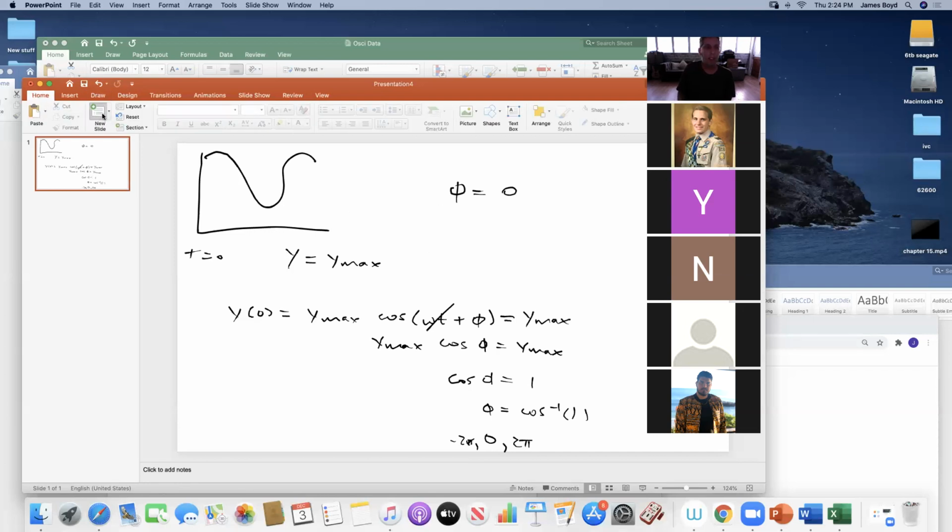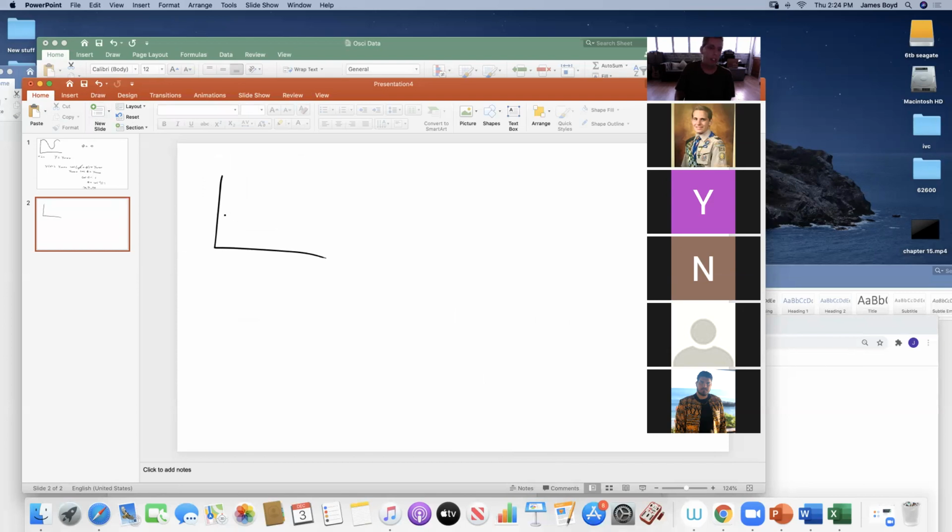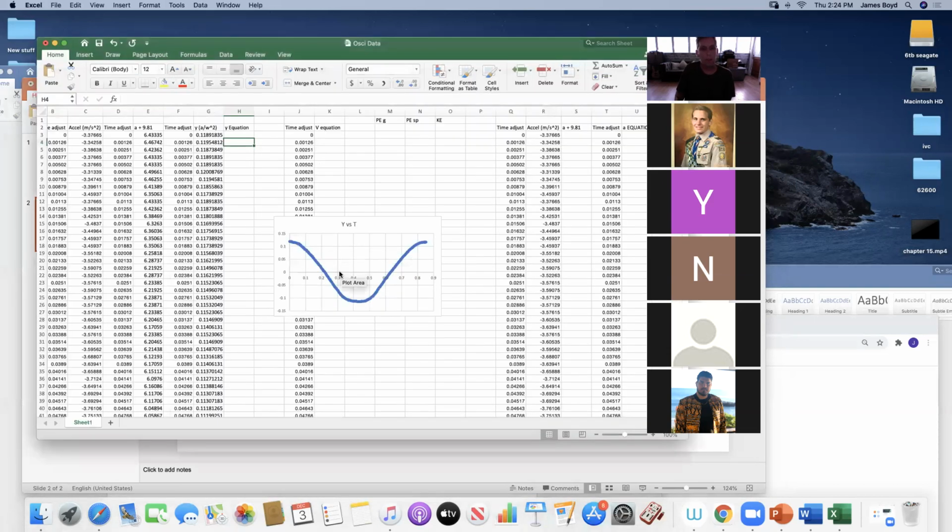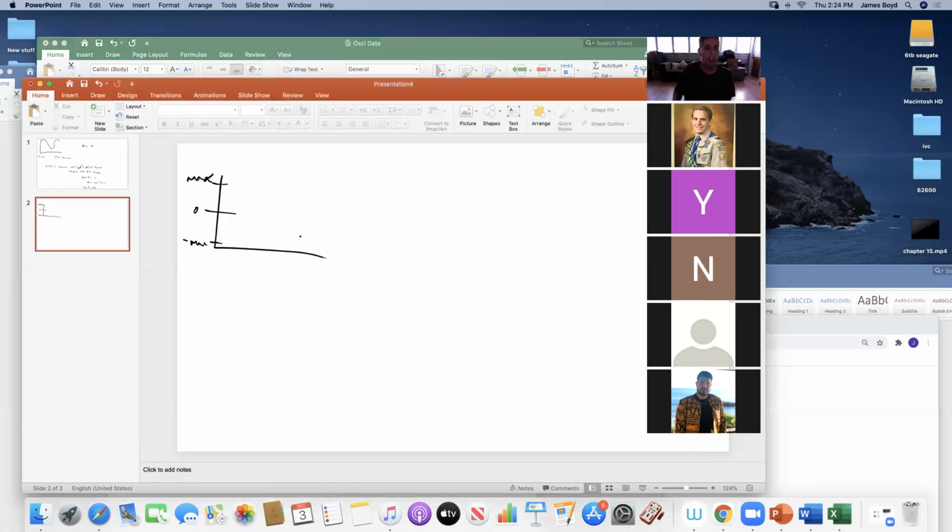Now, if we had, let's say, as it shows in the max, negative max, max, if it started at 0 for some odd reason, if our motion was, we started recording at 0 for some reason, and our function looked like this, then what we would have is that y at time 0 is 0.